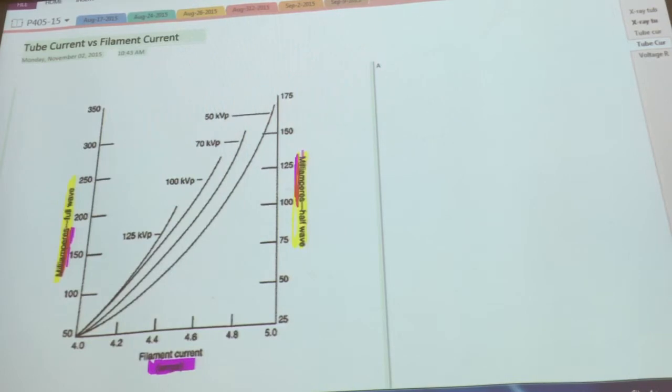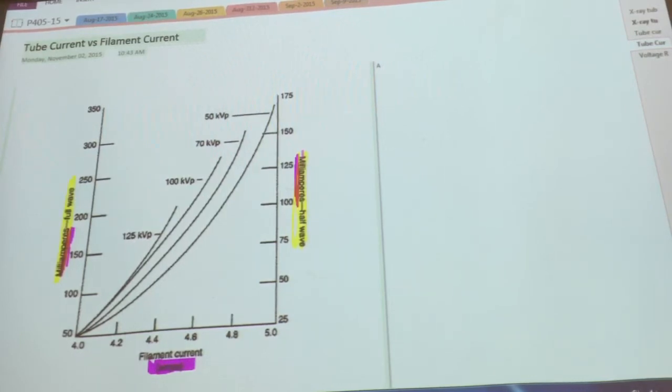Now, what is our filament current doing, and where does it exist? It's on the cathode side. The filament current is essentially on the cathode side, yes, but where does it exist on the cathode side?